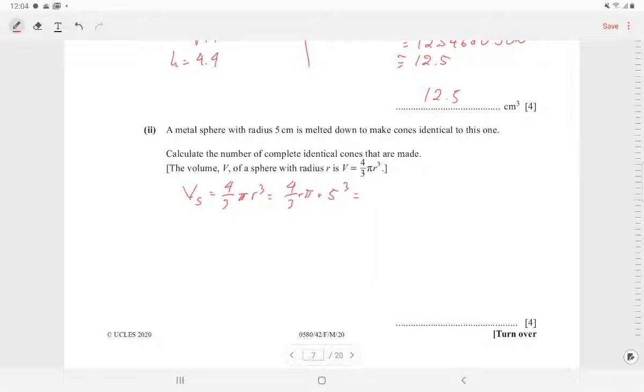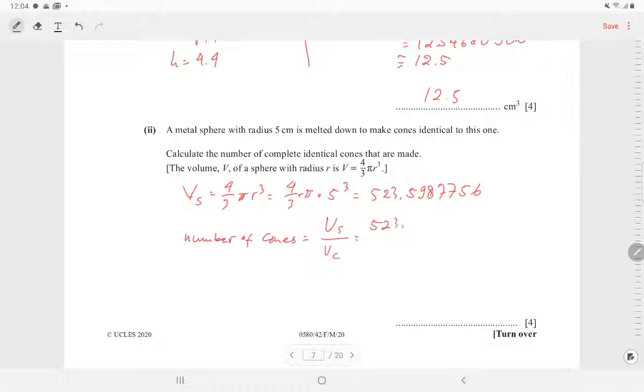So the answer is 523.5987756. The number of cones is the volume of sphere divided by volume of cone.